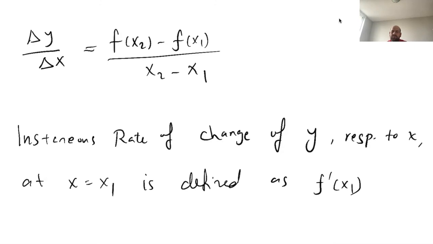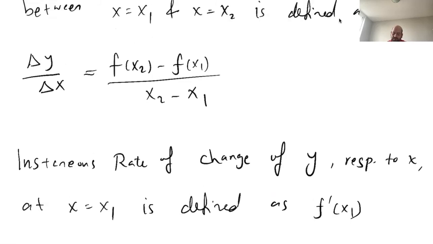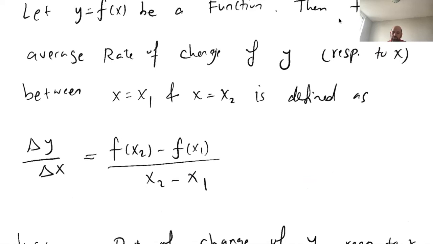Okay, so this is a very important thing. When they talk about rate of change in calculus, it's either average rate of change, which is defined between two x values and has nothing to do with derivatives. It's just delta y over delta x, a concept that you learn in high school, right?